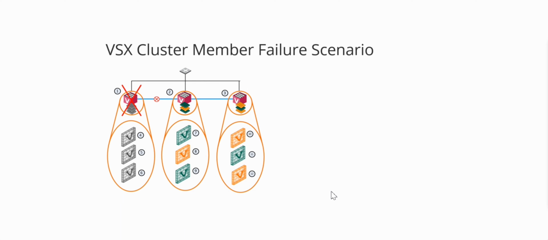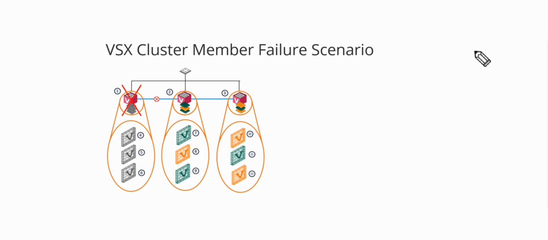Its backup peer on VSX cluster member 3 synchronizes with the new active virtual system and becomes a standby. VS2 on VSX cluster member 2 becomes the standby and synchronizes with the active peer on VSX cluster member 3. For VS3, the active and standby peers remain the same.